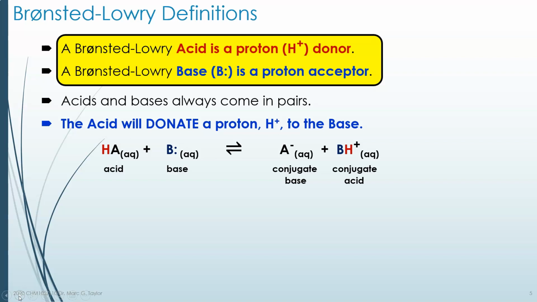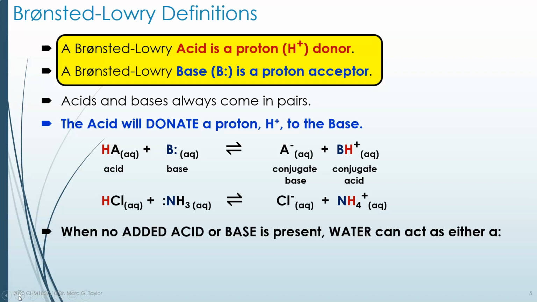It's now an acid form that was created from the base. And you'll notice all four of these ions or compounds are dissolved in water, so they're aqueous. So an example of that is the one I just showed you. HCl plus ammonia gives chloride ion, that's the conjugate base of HCl, and ammonium, NH4 plus, which is the conjugate acid of ammonia.